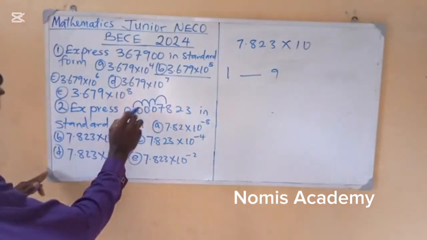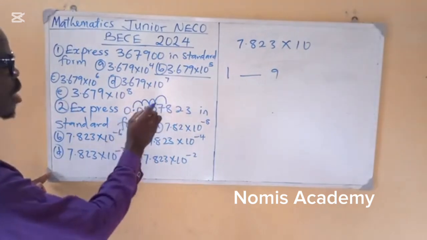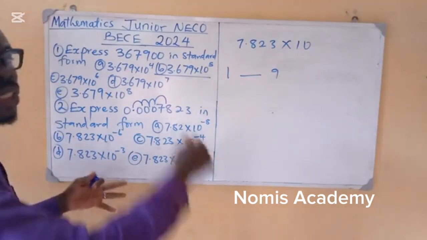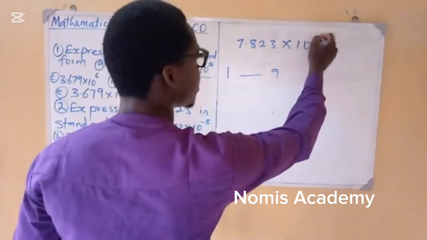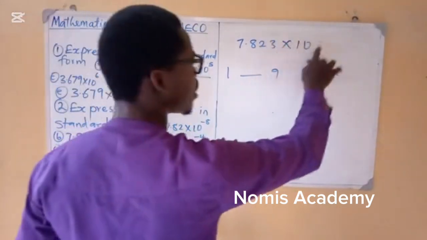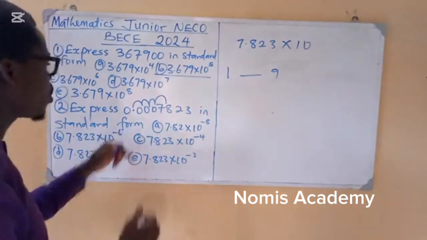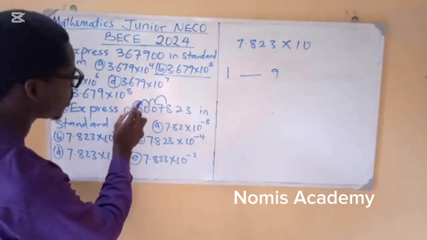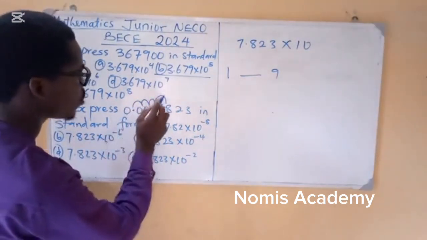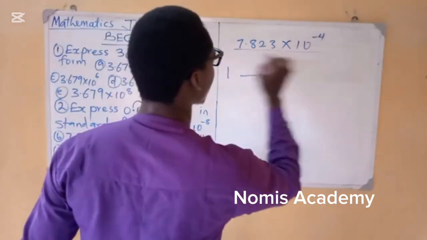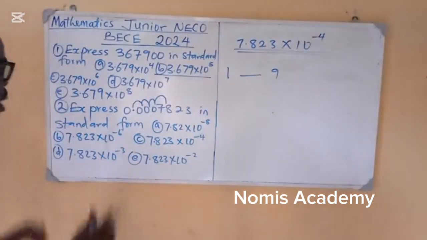Now, how many times did we move the decimal point? Since we are going forward, the power of 10 is going to be a negative number. So let's count it: 1, 2, 3, 4. So that will be minus 4. Let's check for the option that is exactly that.